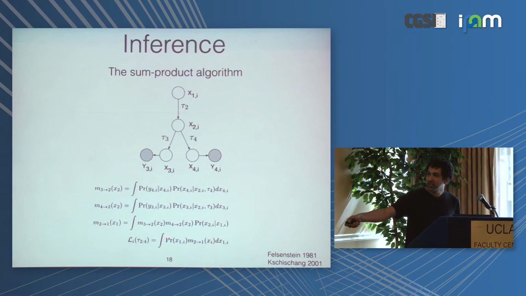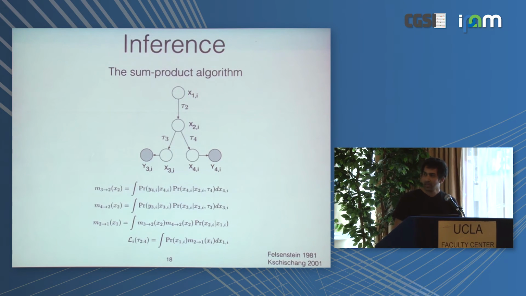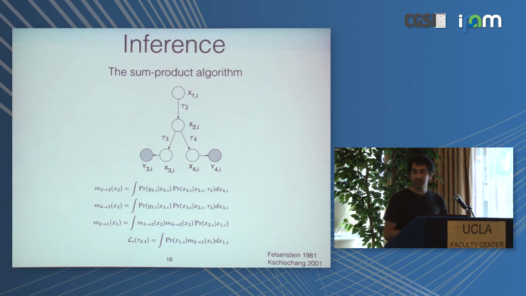Then you take these two terms, combine them with the other term that depends on x2, integrate that out, and you get something that depends on x1. Finally, you take this quantity, combine it with the x1 term, and integrate to compute your final likelihood. This turns out to be much more tractable, and it allows you to compute the likelihood fairly efficiently. So that's the general idea.